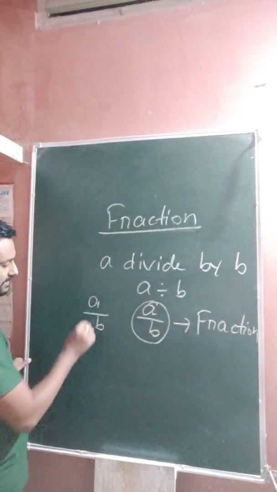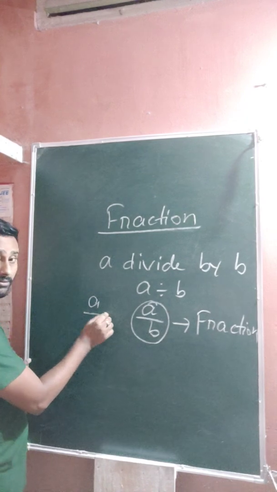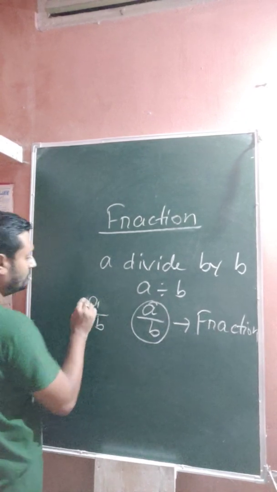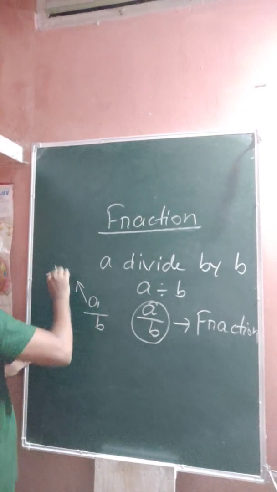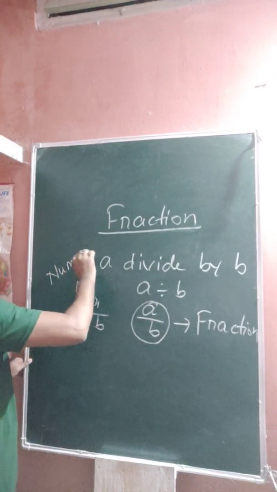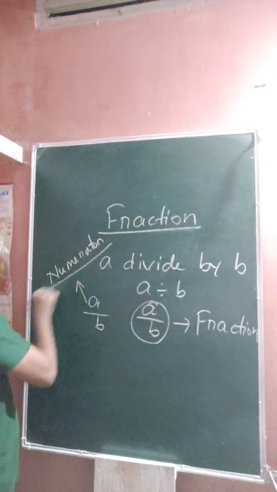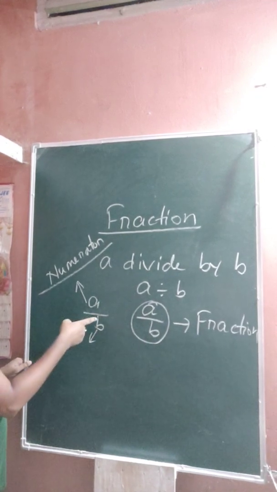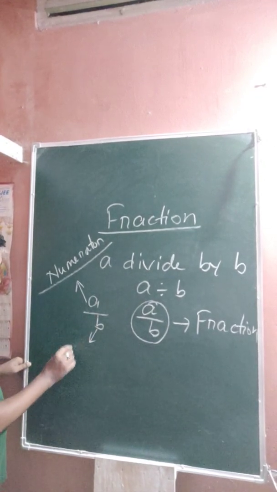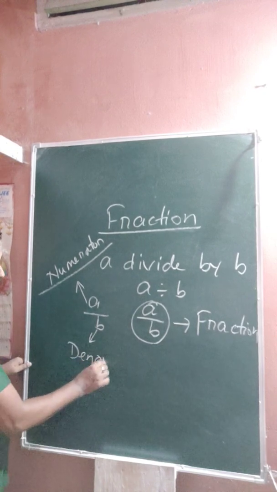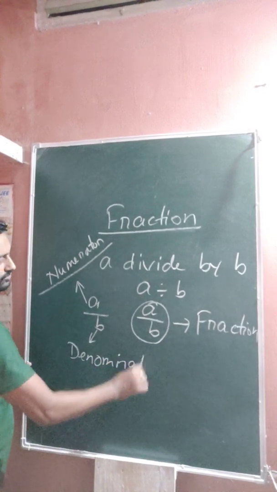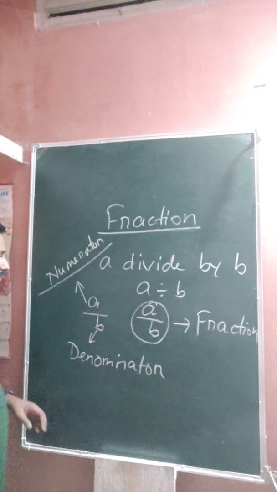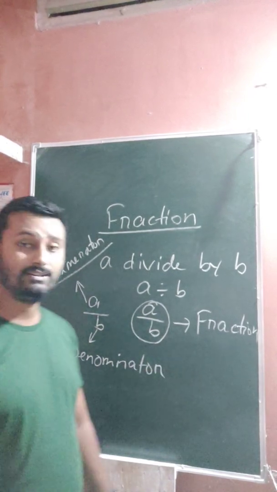So in a fraction, this is a division symbol. Above the division symbol there is a number which is known as the numerator. Okay, and the number which is below the division symbol is known as the denominator. All of you know this because you learned numerator and denominator in class 3.